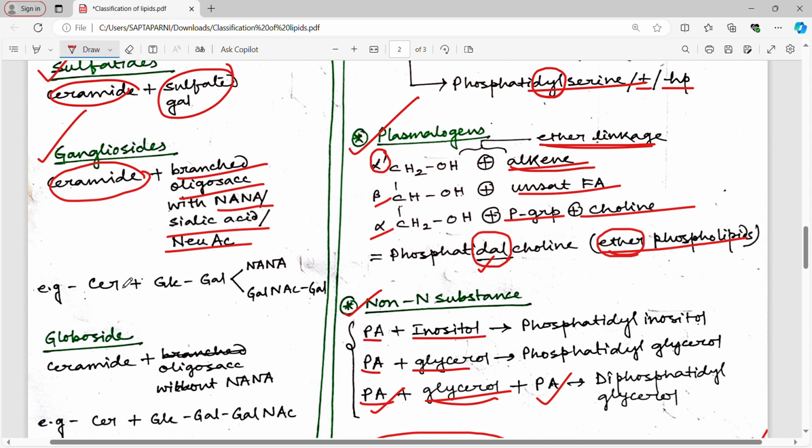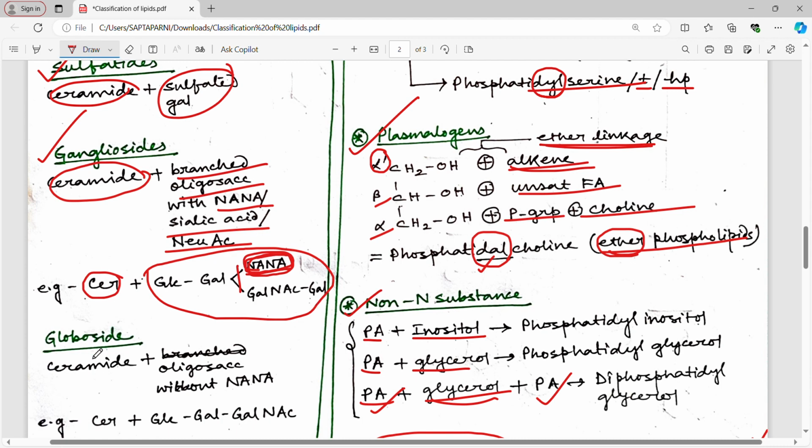See here, this is the ceramide and it is forming a bond with the branched oligosaccharide. Here is the branching, and it will obviously contain N-acetylneuraminic acid, or NANA, or sialic acid. So ganglioside always contains NANA or sialic acid, and other moieties can be glucose, galactose, N-acetylgalactosamine, galactose, etc.